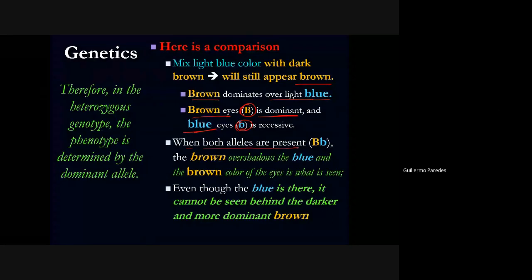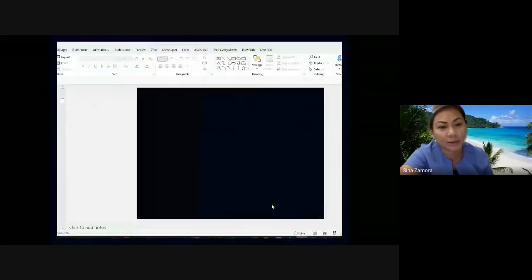When both alleles are present, brown and blue together, the brown overshadows the blue, and the brown colors the eyes, which is what you see. Even though the blue is there, it cannot be seen behind the darker or more dominant brown. Is that clear? Yes. Okay.